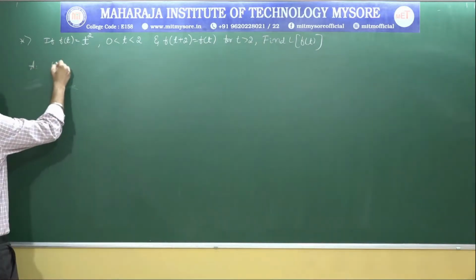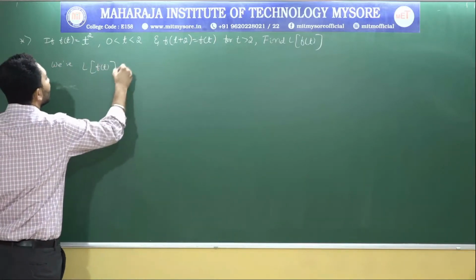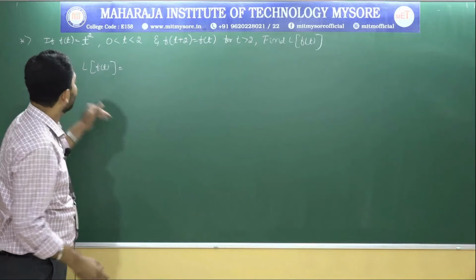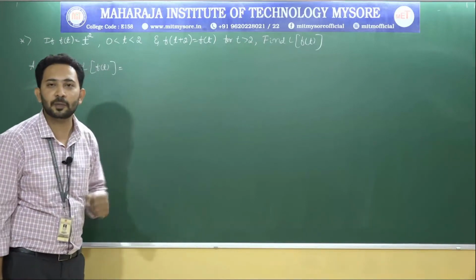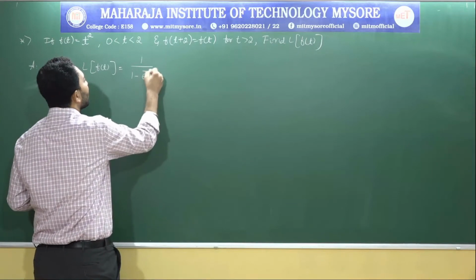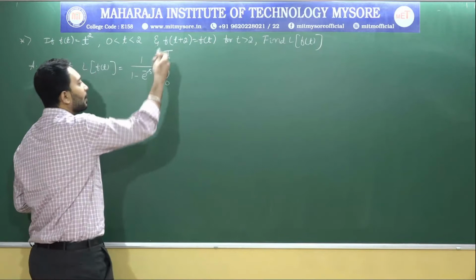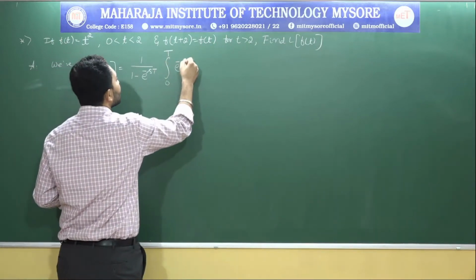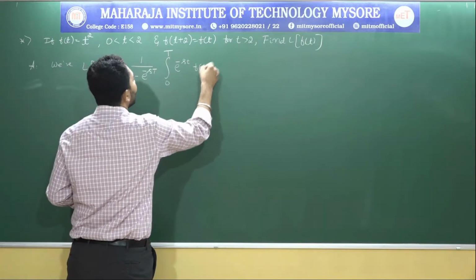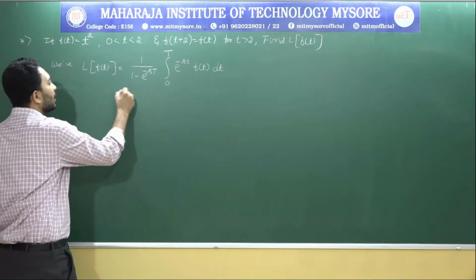So we have Laplace of f of t equals, what is the formula to find the Laplace transformation of a periodic function? It is 1 over 1 minus e power minus s capital T, integral from 0 to capital T e power minus st into f of t into dt, where T is the period. What is the period here?